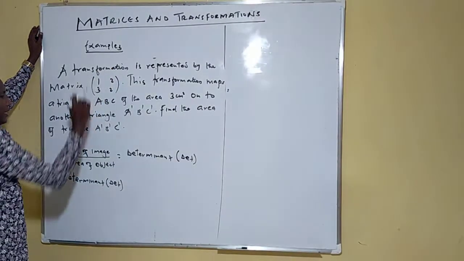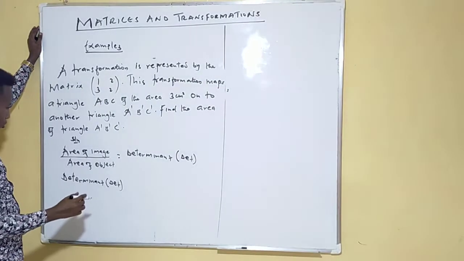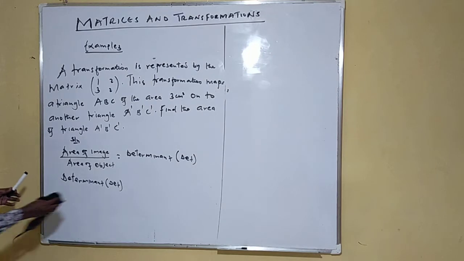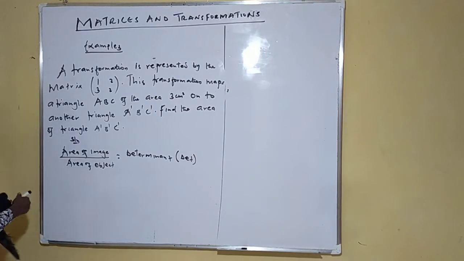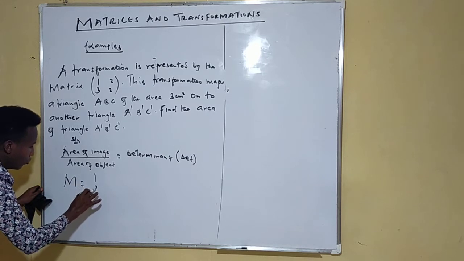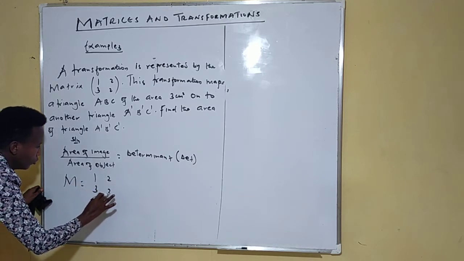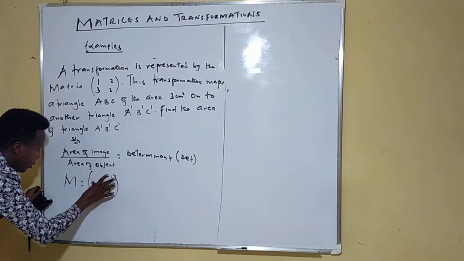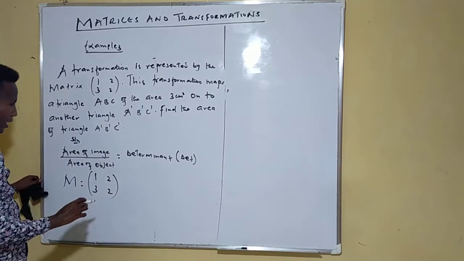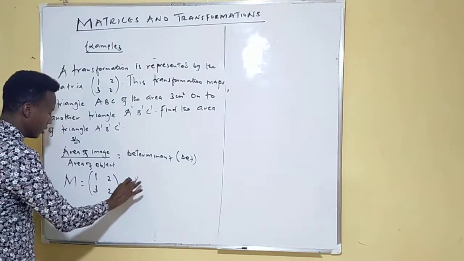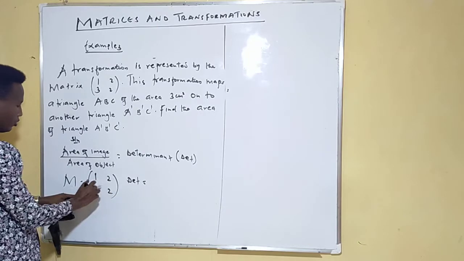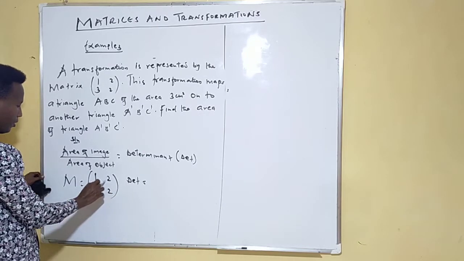Let me write the matrix given. Our matrix M is 1, 3, 2, 2. Then det is gotten as, this is our main rule, remember: this times this, minus this times this.